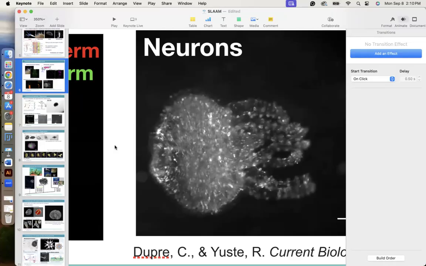Because if you have gap junctions, everything's electrically connected, it's bidirectional. If you have a chemical synapse activating a muscle, let's say, then it's from neuron to muscle. But I don't know if that's the case here. I'm not sure.